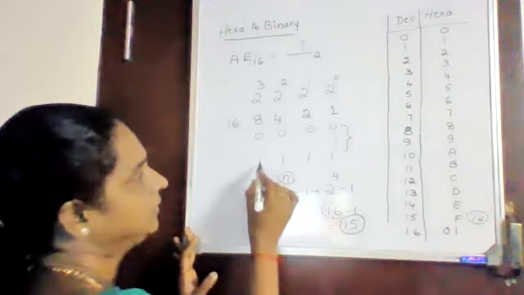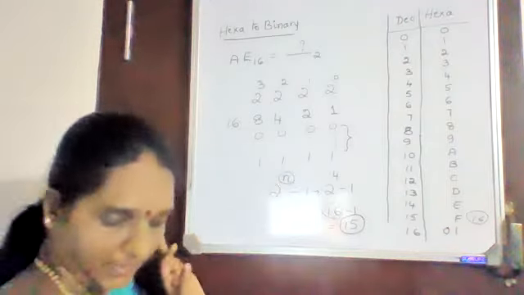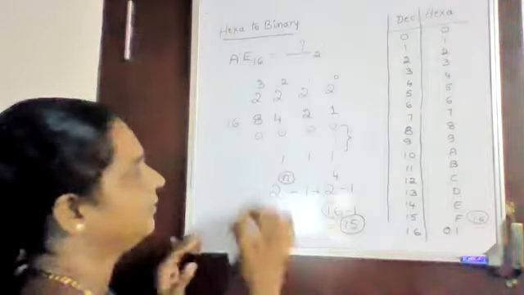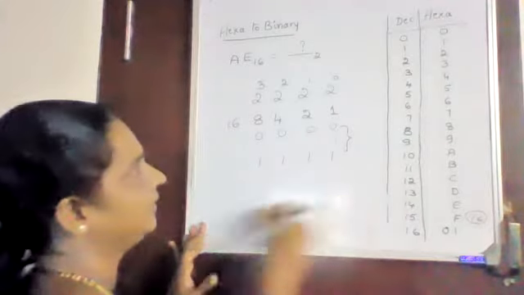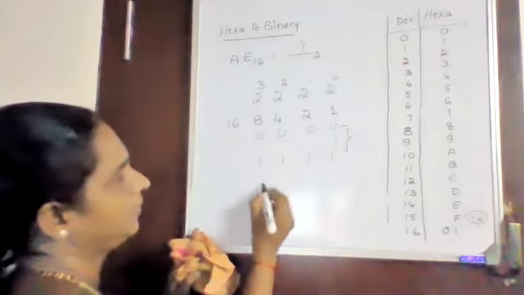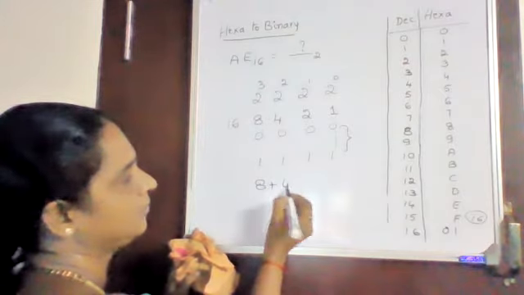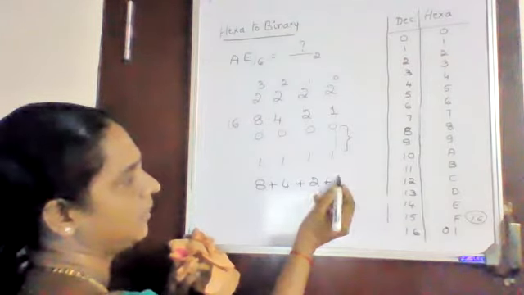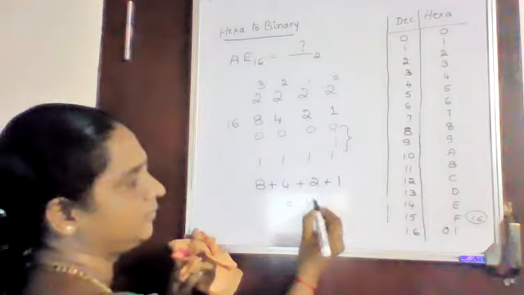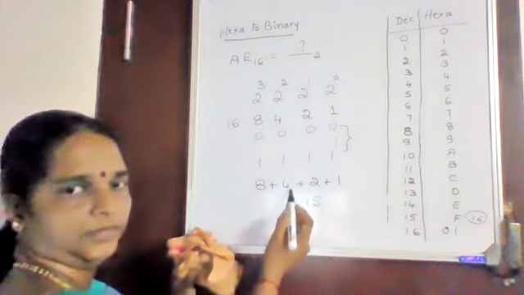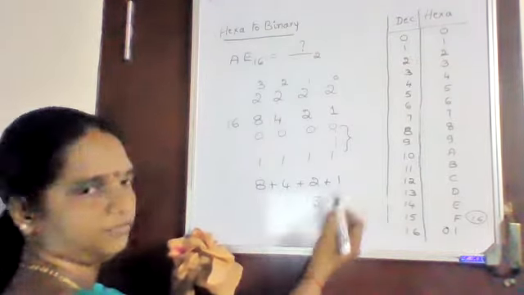So this 1, 1, 1, 1, if we write 1 into 8, we know how to convert this: 8 plus 4 plus 2 plus 1, which is equal to 15, right? 8, 12, 14, 15.